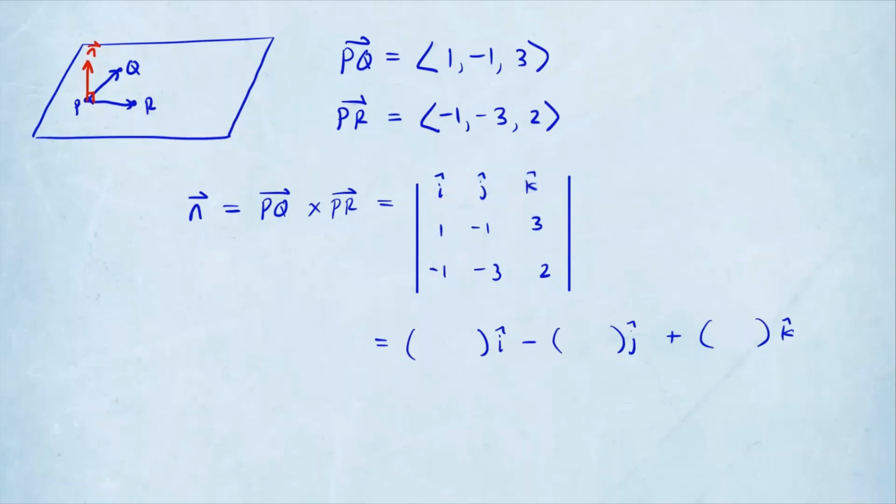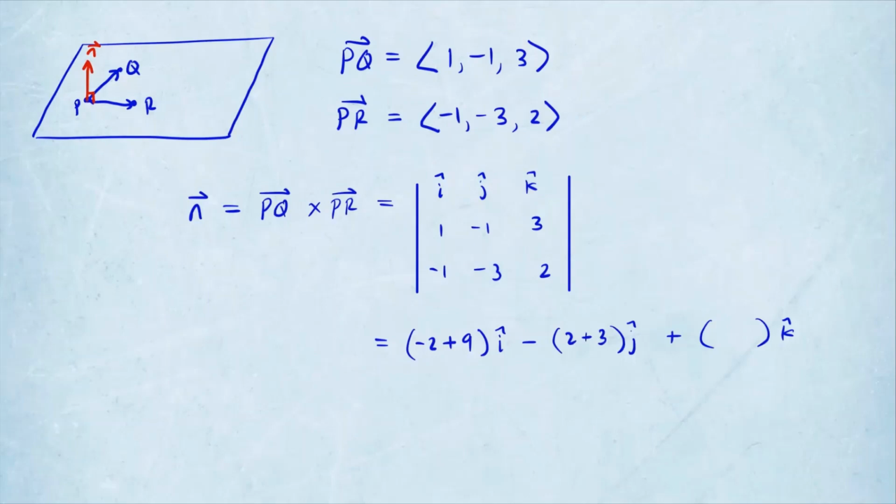You will do this times that, and then minus this times that. So negative 1 times 2, that's negative 2, minus 3 times negative 3, that's negative 9, so plus 9. Now for the j, we cross this row and column, then find the determinant of that 2x2 matrix. So we get 2 times 1, that's 2, minus 3 times negative 1, that'll be plus 3.